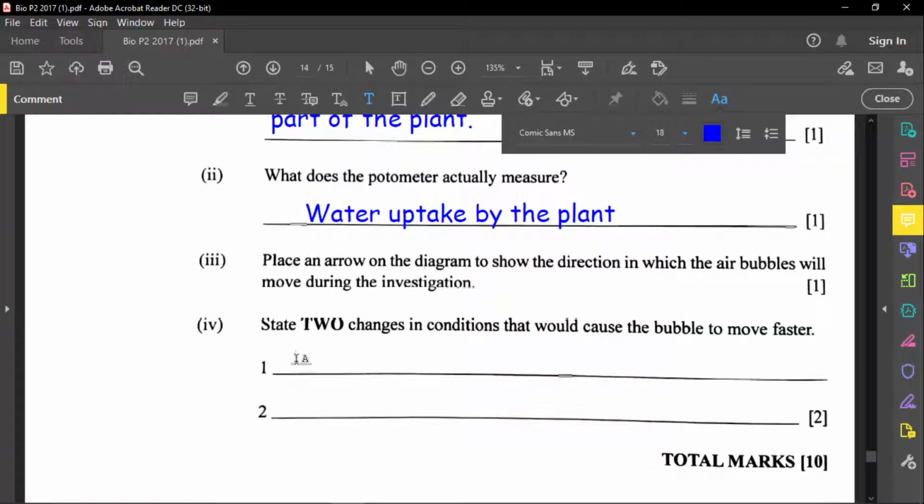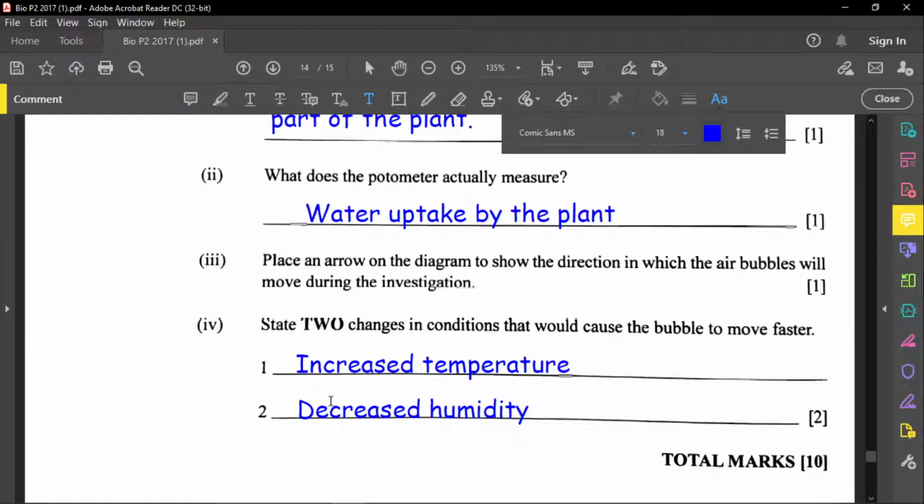So let's think about them. We can have an increase in temperature. I'm going to give you a number of them; they say only two, but increased temperature could be one, because increased temperature increases evaporation of water, right? You can also have decreased humidity. That's another one. I'm going to keep on listing.